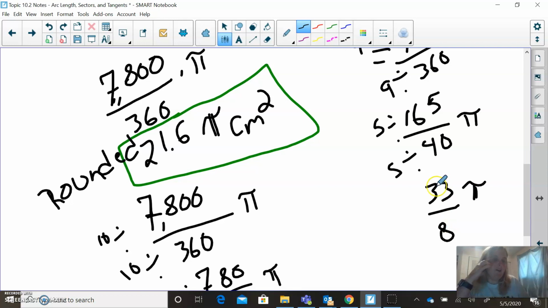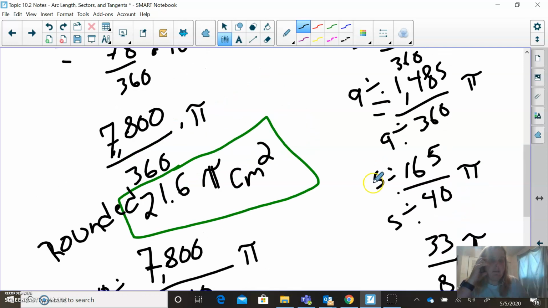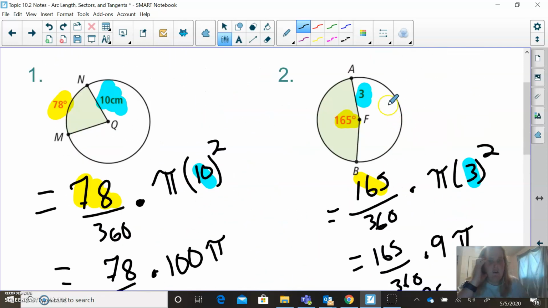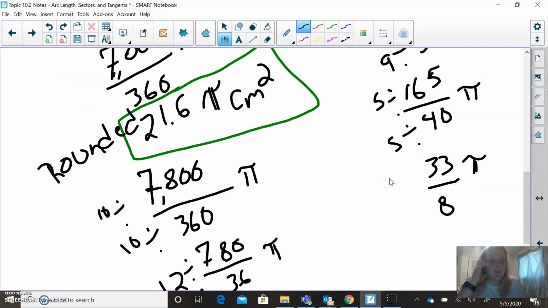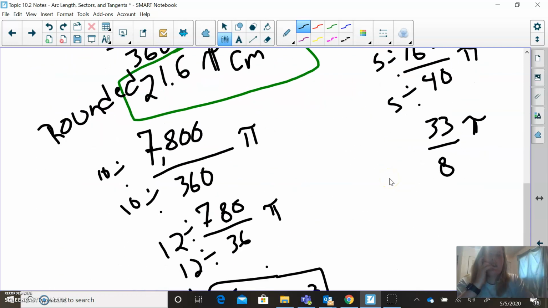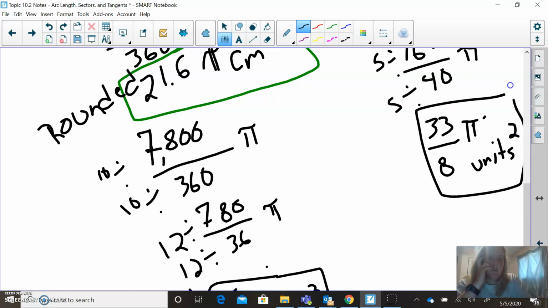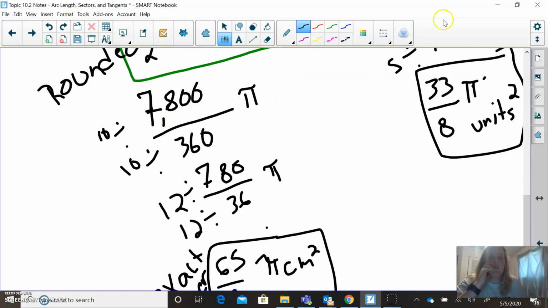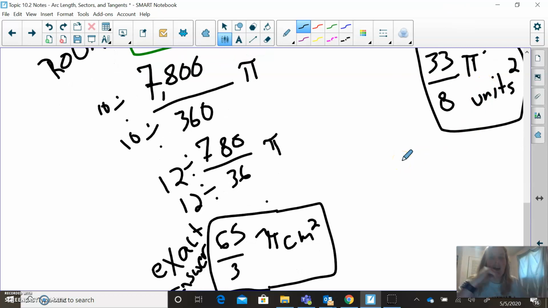So we've got 33 over 8 pi, and we do not have units in this problem, so you're just going to say units squared. Let me rewrite this so you can just say units squared. That is your final exact answer.